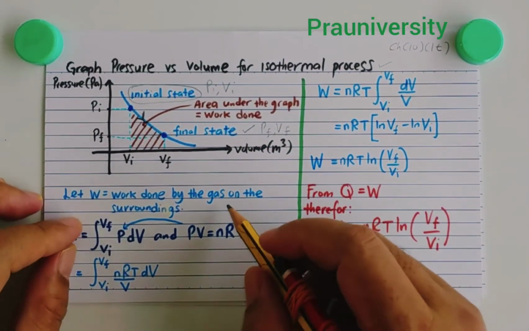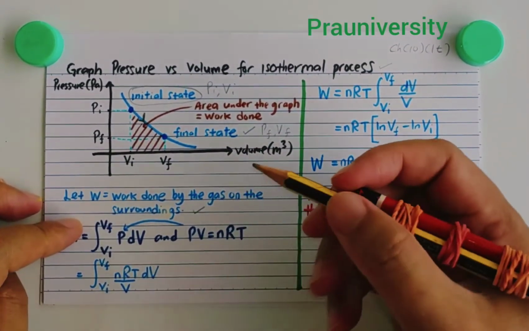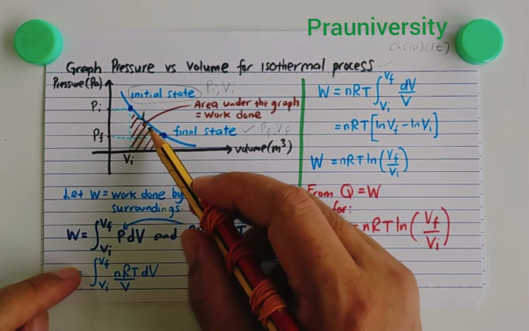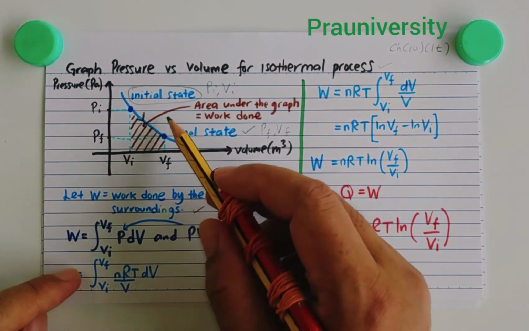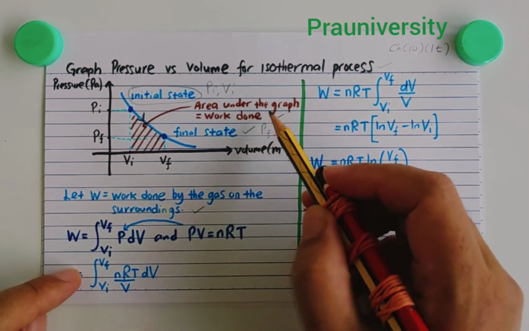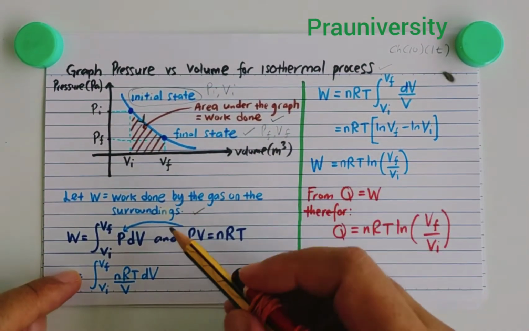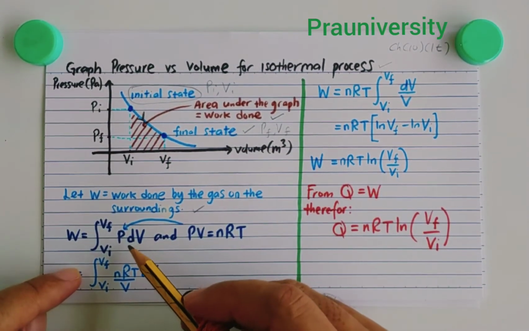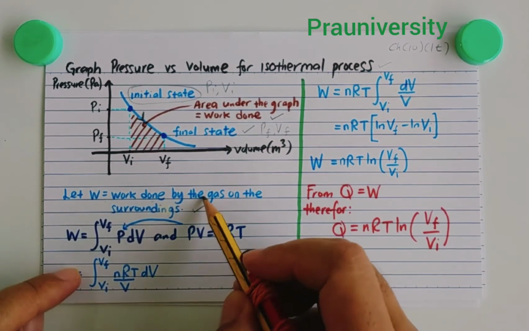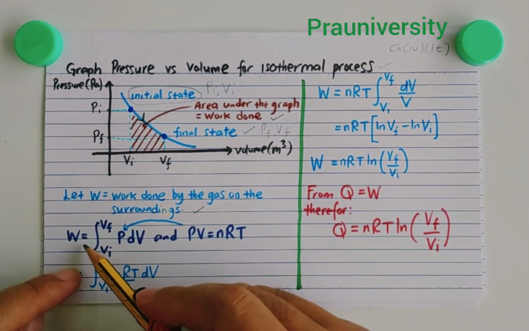So the work done by the gas on the surroundings can be calculated by finding the area under the graph. The area under the graph is equal to the work done. Let W be the work done by the gas on the surroundings.